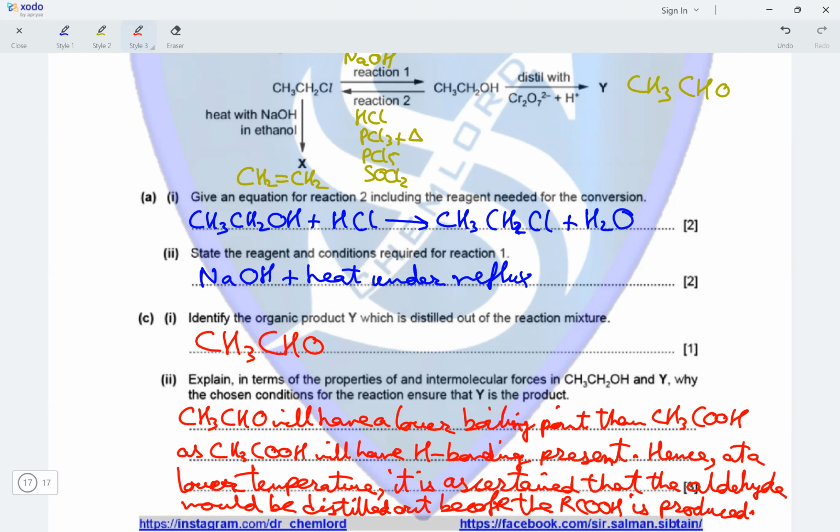If we set the distillation temperature to the temperature of the aldehyde, once the milder oxidizing agent, which is acidified potassium dichromate, converts the primary alcohol into the aldehyde, the temperature for distillation would be reached, and the vapor that we would collect as a liquid by condensing it would be the aldehyde before it has been converted into the carboxylic acid. And it will not be the carboxylic acid because the boiling point of the carboxylic acid, due to hydrogen bonding present, would be higher than the boiling point of the aldehyde produced.